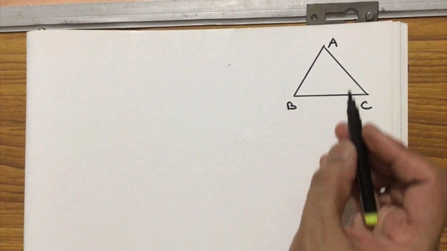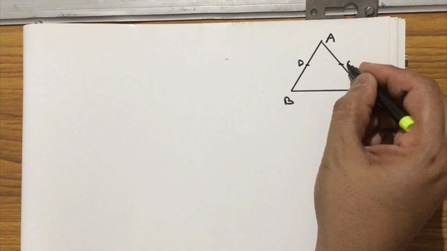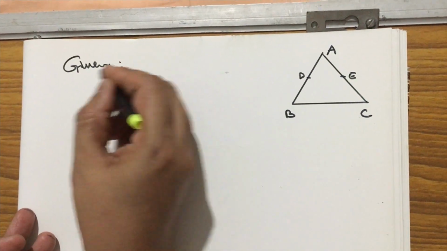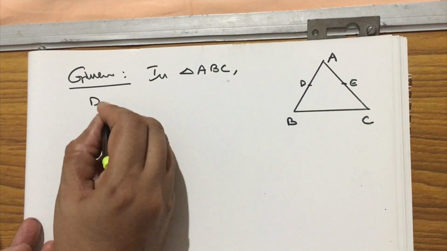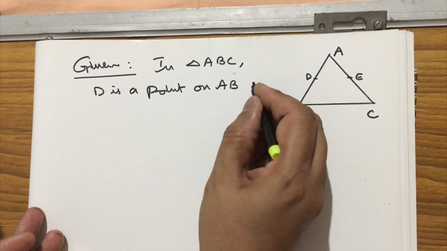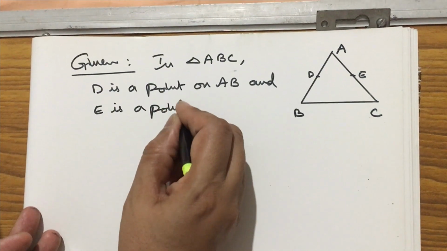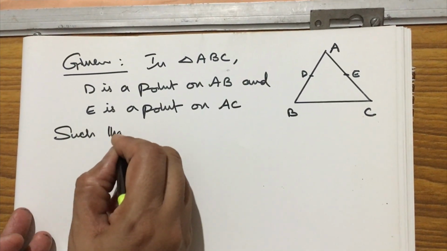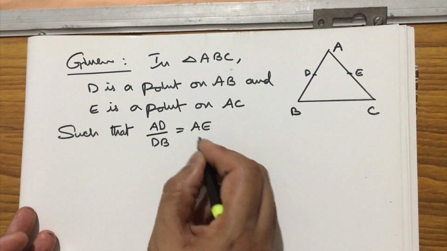In it, it is given that D is a point on AB and E is a point on AC, such that AD by DB is equal to AE by EC.